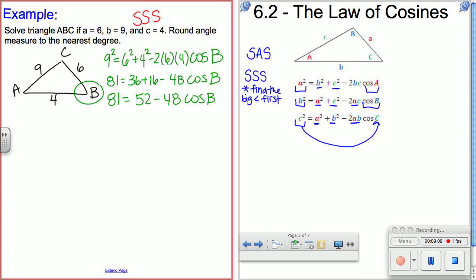And remember, I'm trying to get the cosine of B alone. So we're going to have to subtract 52 from both sides and divide by negative 48.